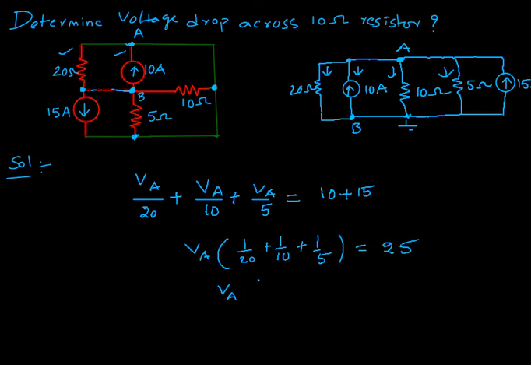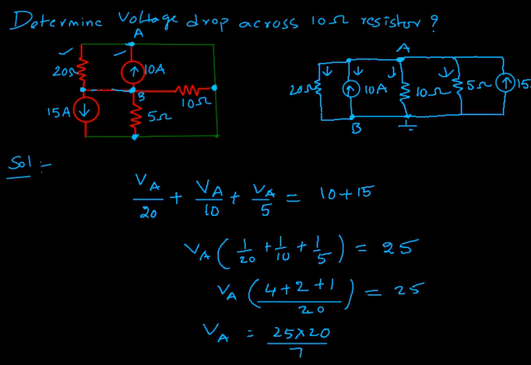If you simplify this, we can write it as 1 by 20 times (1 plus 2 plus 4), which is 7 by 20, equal to 25. Sending this to the other side, VA is 25 into 20 by 7, which is around 71.42 volts.